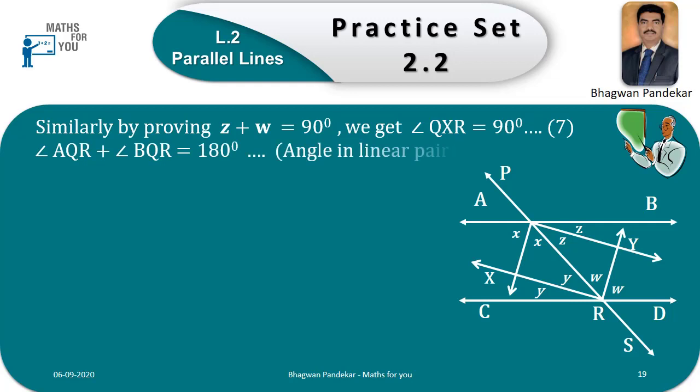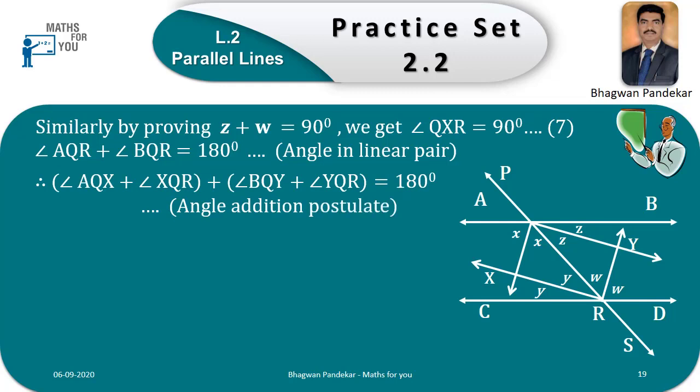Angle AQR plus angle BQR is equal to 180 degrees. Reason is angles in linear pair. Therefore, angle AQX plus angle XQR plus angle BQY plus angle YQR is equal to 180 degrees. Reason is angle addition postulate.